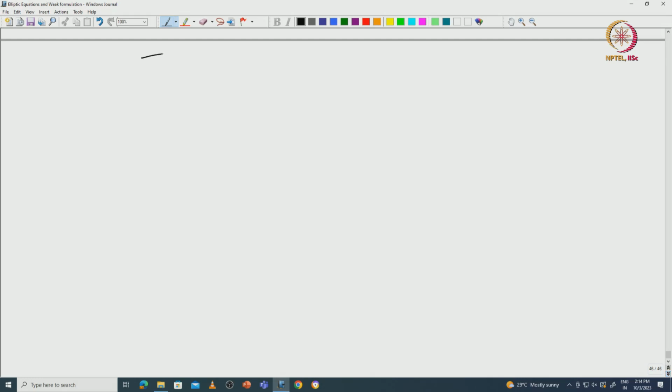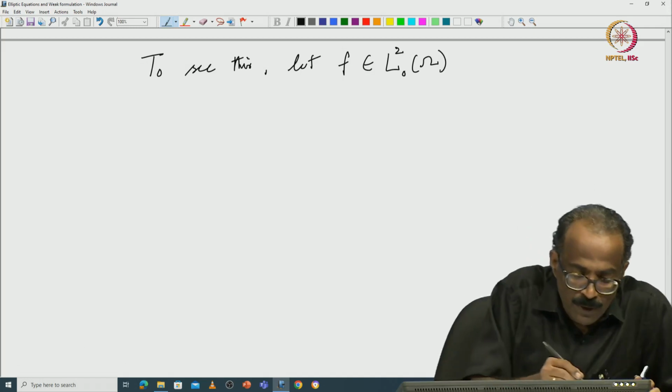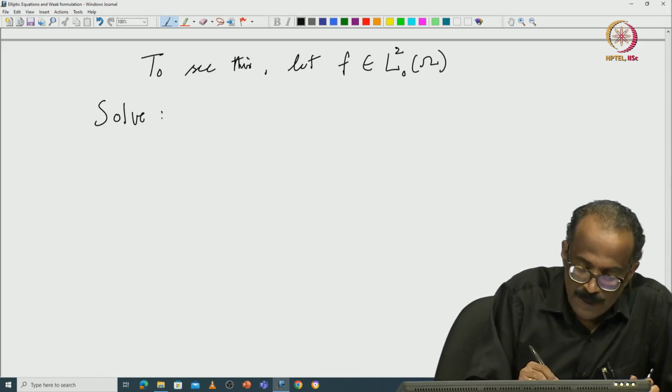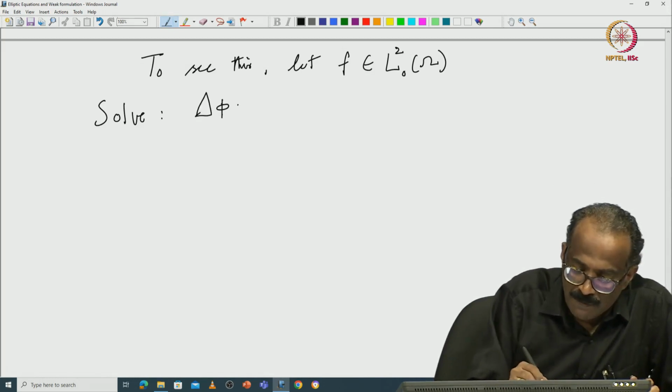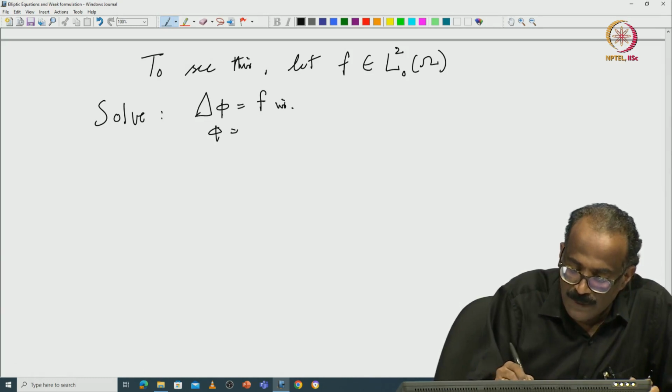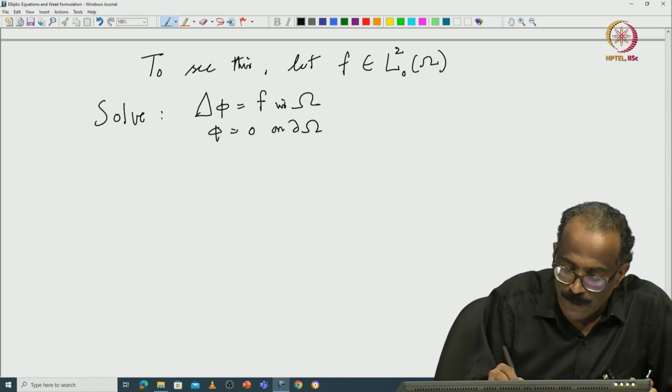To see this ontoness, let F be in L2 naught, and what you do is that you solve the Laplacian of phi equal to F in omega, and phi equal to 0 on the boundary of omega.